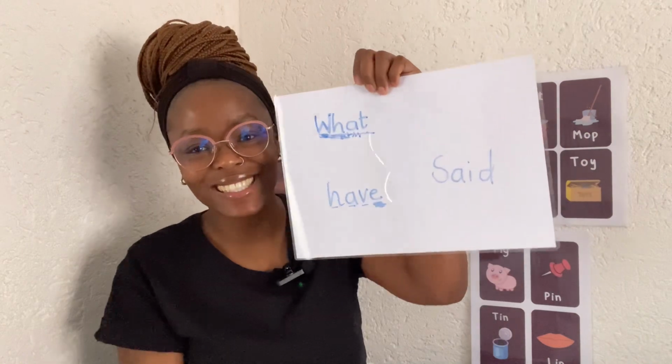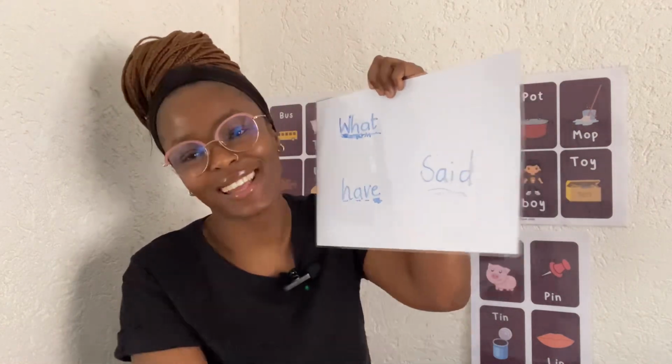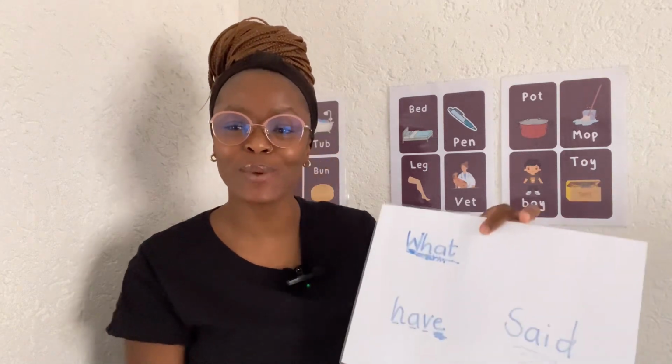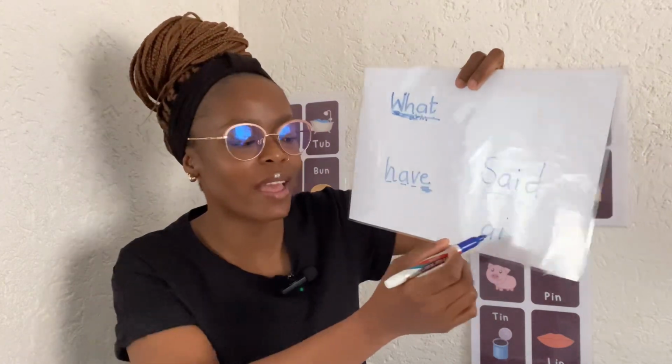So another sight word that I want us to do is said. Sad. This word, said. Now, when we're doing, what do we call them? Vowel teams. When we're doing vowel teams, A and I makes A for rain, rail. Yes.